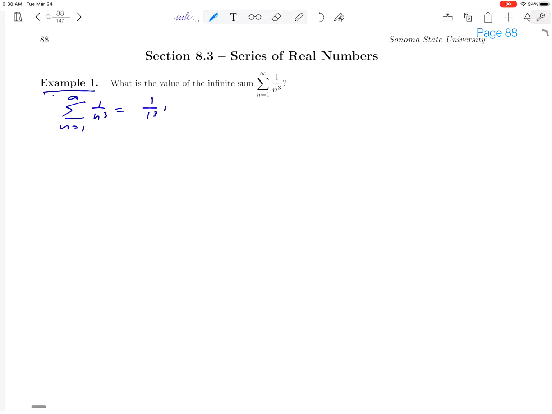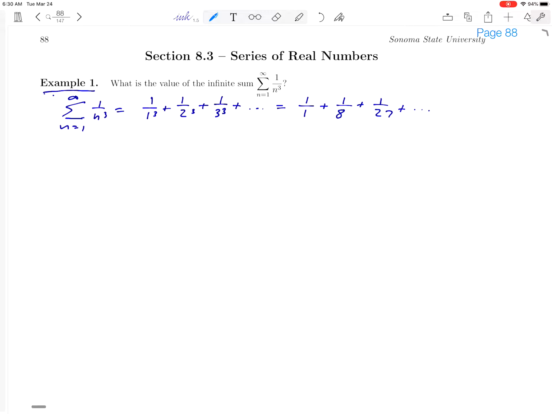So if we plugged our first index in, we would get 1 over 1 cubed. Then we'd move on to n equals 2 and get 1 over 2 cubed and just keep going. And that's what the terms in our sum look like. If we write out the actual values, we'd get 1 over 1 plus 1 over 8, because 8 is 2 cubed, plus 1 over 27, and so on. So our infinite sum of numbers looks like that.